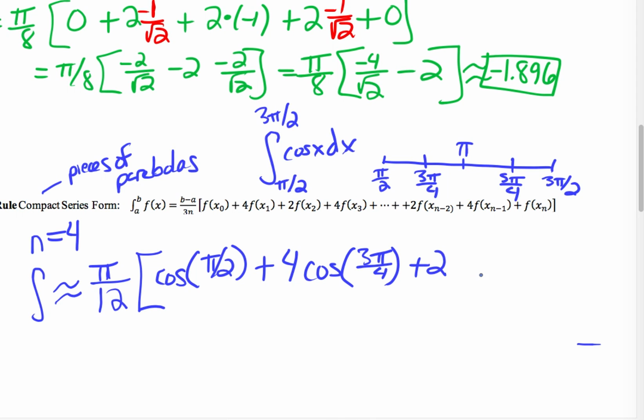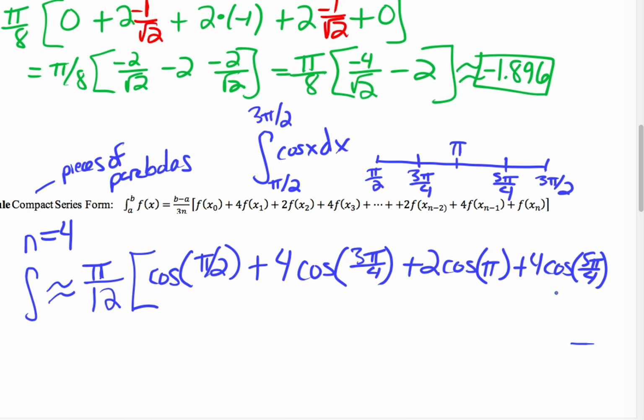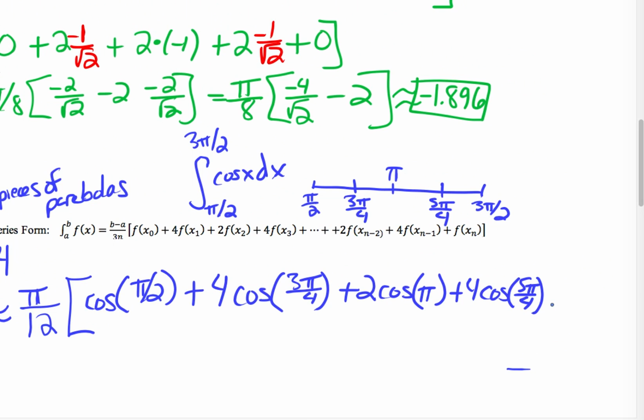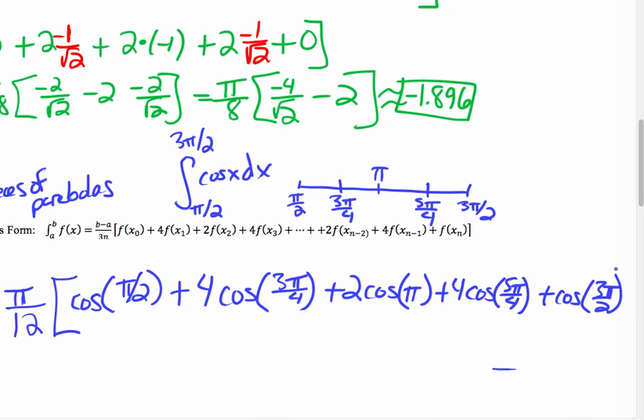Then 2 cosine evaluated at the next node. Then 4 cosine evaluated at the next node. And finally, 1 times cosine evaluated at the last node. Get a nice bracket on that, and you've got it.